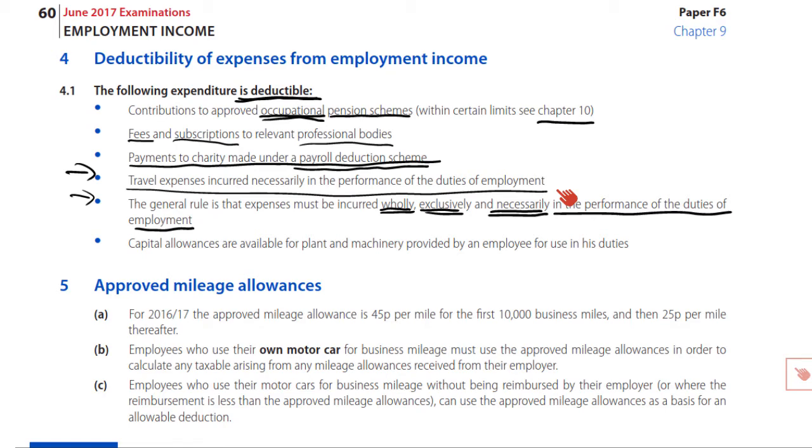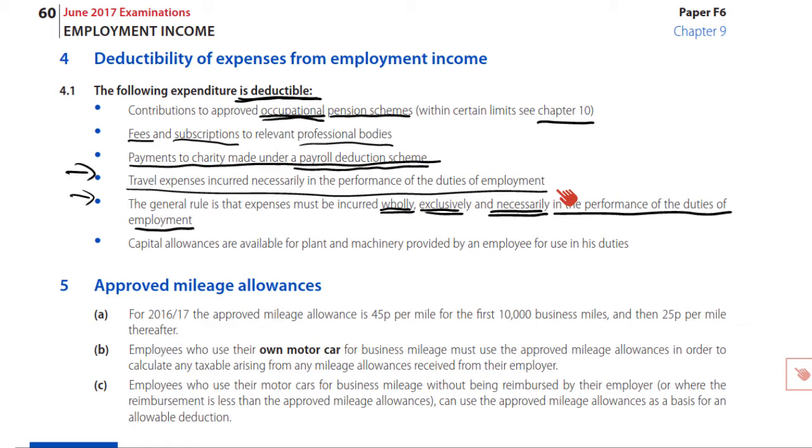But it would be unusual to find that an employee was expected to incur their own travel expenses in relation to the performance of the duties of employment. Now, what we're not talking about here is simply the employer paying for you to go from home to work each day.